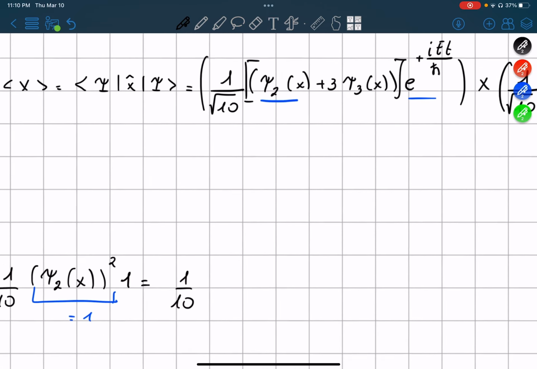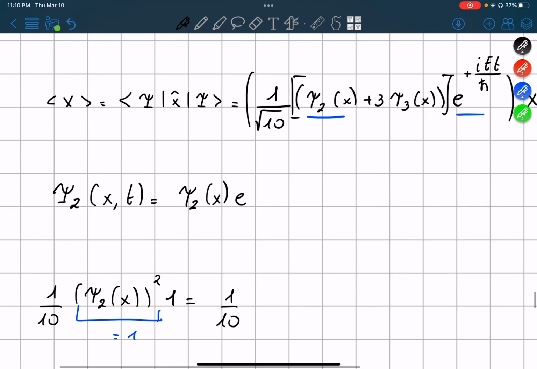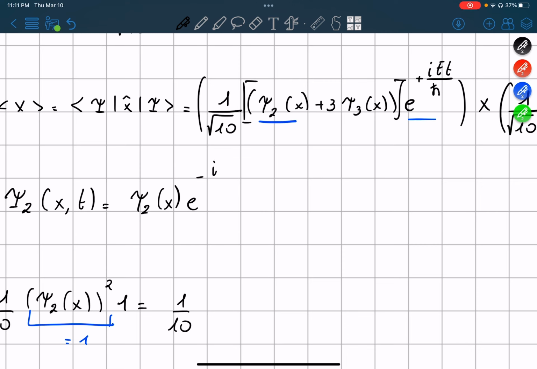Because if we're talking about the capital psi 2, we're going to have that it is equal to psi 2 of x, times e to the power of negative i E2 t over h bar.